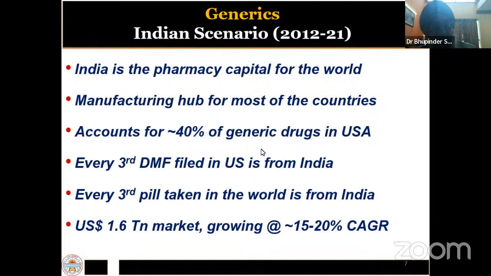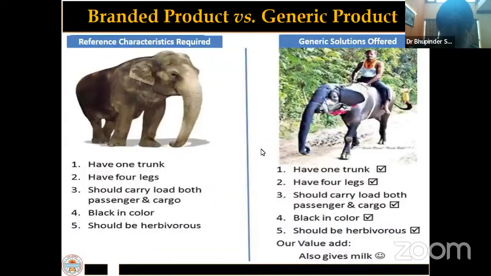And the pharma market in India is a US dollar 1.6 trillion market. This is the statistics of last year. It might have grown further, and it is still growing at a phenomenally high growth rate of 15 to 20% cumulative annual growth rate.